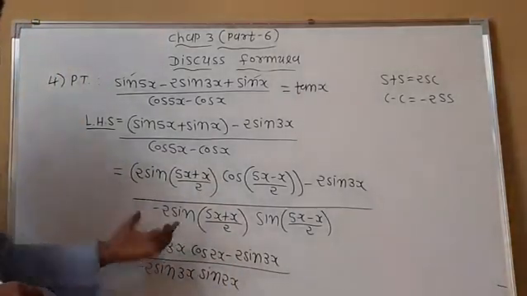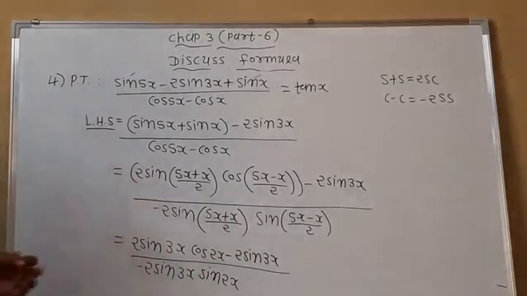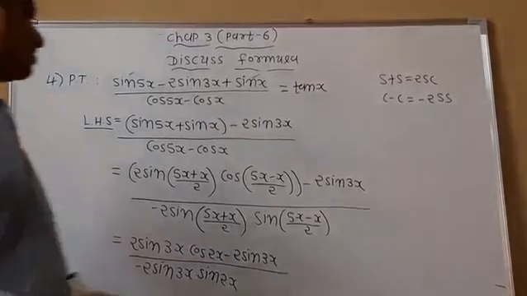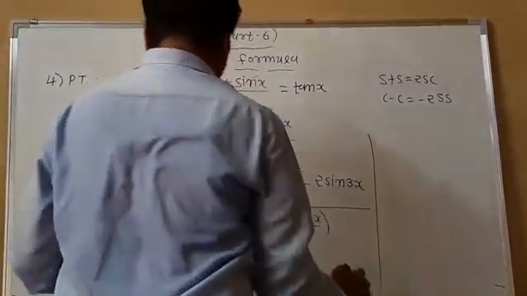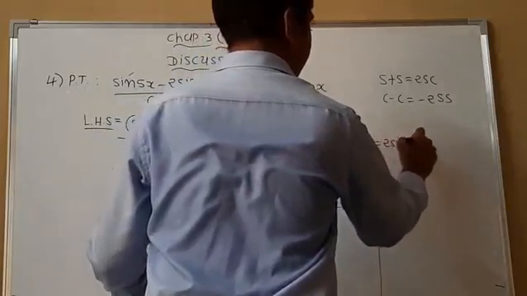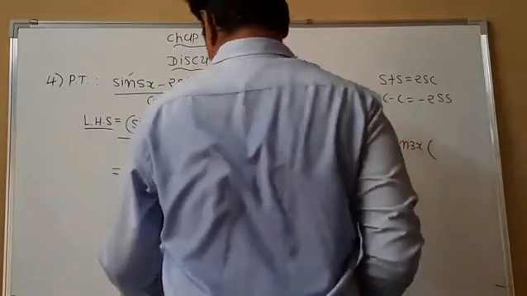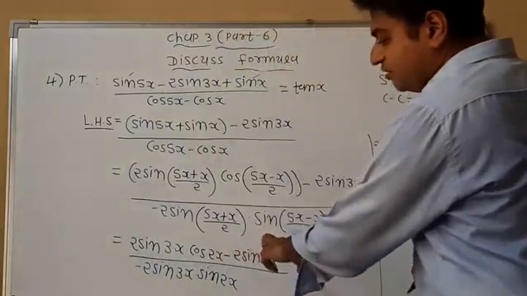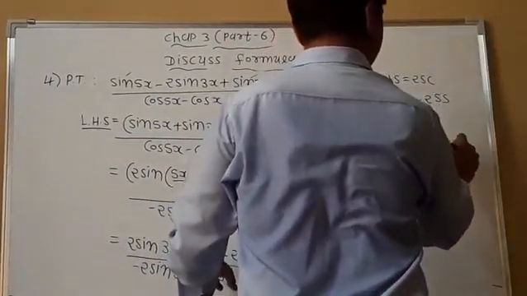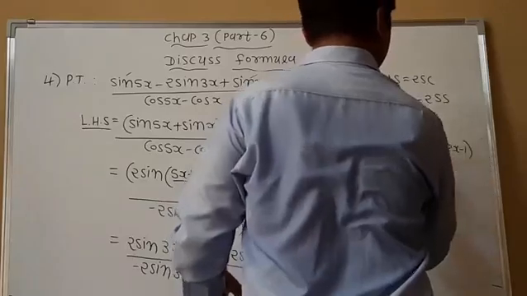Now in the numerator, which term can we take common? So 2 times sine 3x we can take common. The remaining term written in another bracket: cos 2x minus 1.